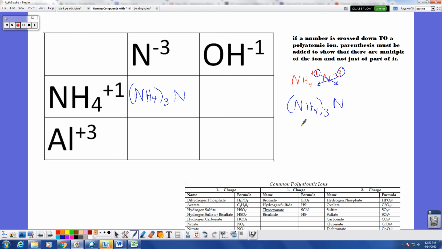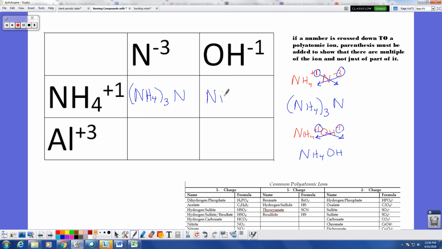So we have NH4 +1, OH -1. Then we grab just the numbers and cross them over. In this instance, it's a 1 and a 1, so no parentheses are needed, no new numbers are needed at the bottom.